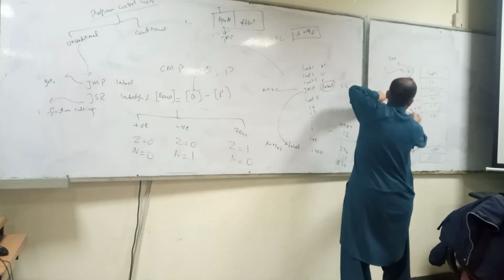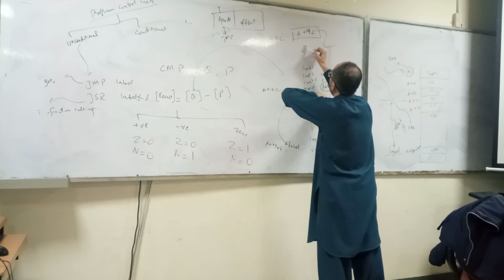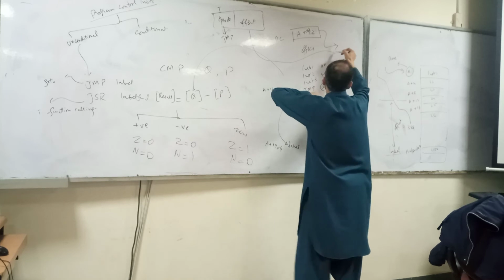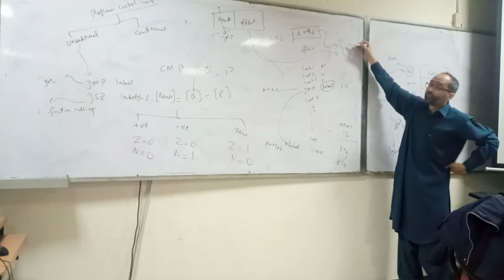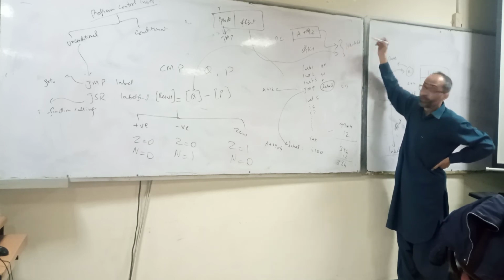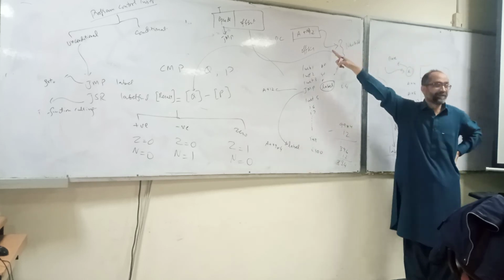This offset is now added to the value of the program counter, and the offset field is from here. The final value is the new address, and the program counter will be loaded with this address.